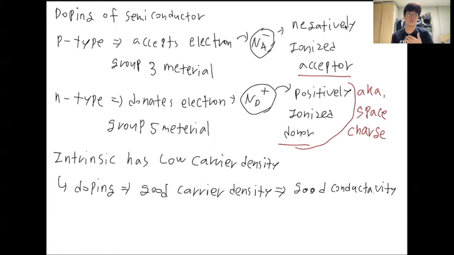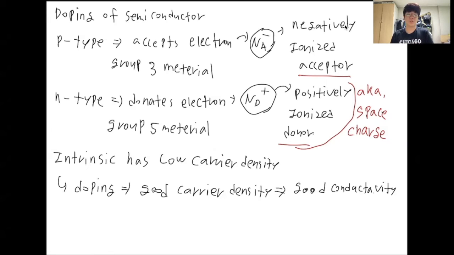The acceptors are ionized negatively, and if we dope with group 5 materials, then the group 5 materials donate electrons. The atom that donated the electrons we call a donor, and the donors are ionized positively.